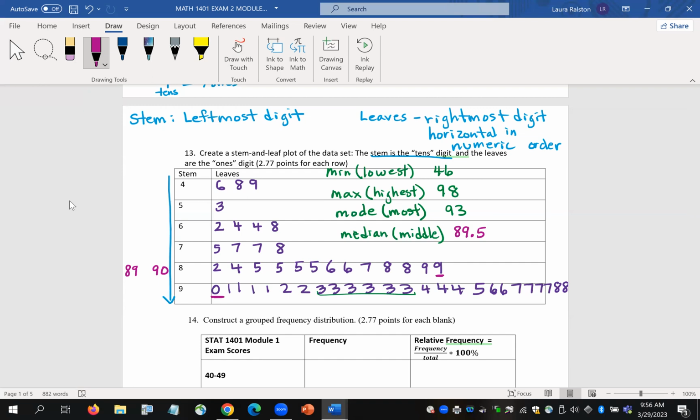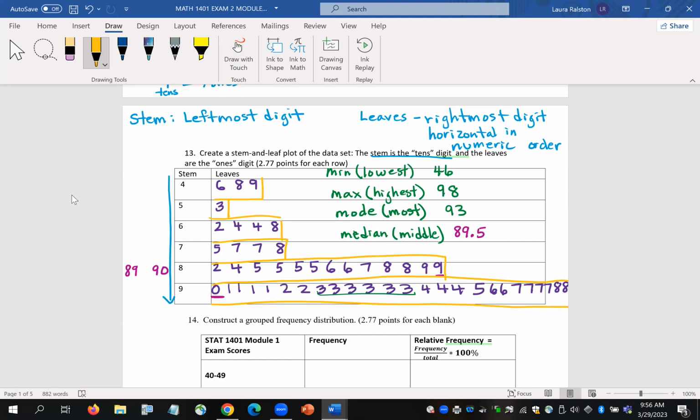And then you could also think about the skewness if you wanted to, because if you picture bars around each row, you have a horizontal bar graph, and you could see that most of your data is grouped on the higher end.